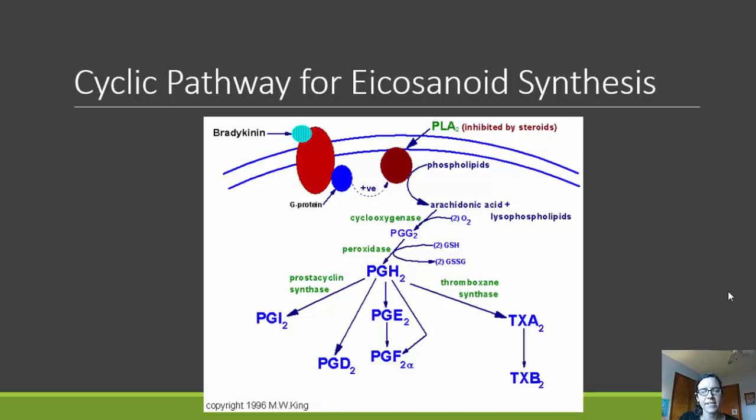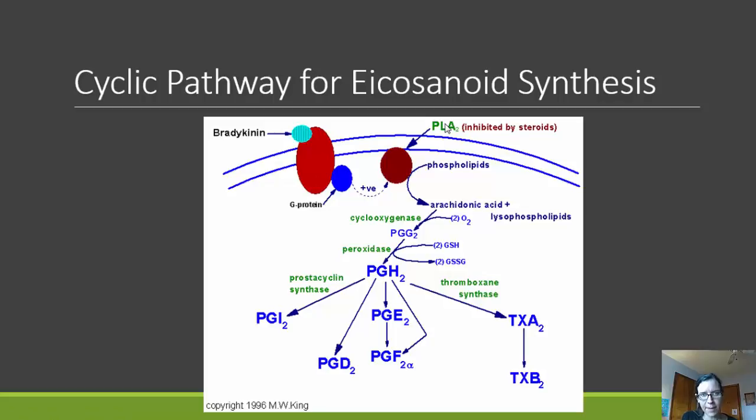So here we have the cyclic pathway for the synthesis of clinically relevant prostaglandins and thromboxanes from arachidonic acid. First we would have any number of stimuli. Here is bradykinin, but it could also be epinephrine, and that is going to ultimately activate phospholipase A2.